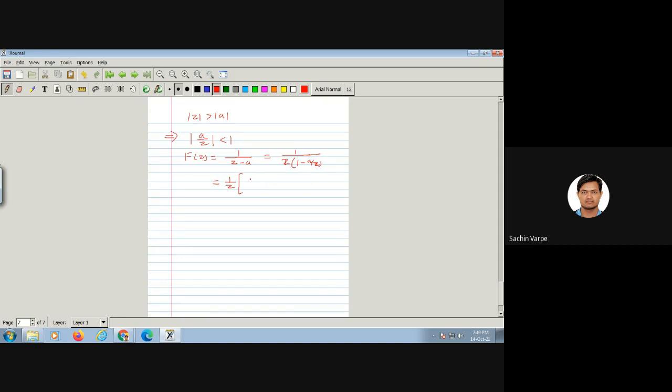That will be 1 plus a by z plus a square by z square plus and so on. So by multiplying 1 by z inside, 1 by z plus a by z square plus third term is a square by z cube plus and so on.